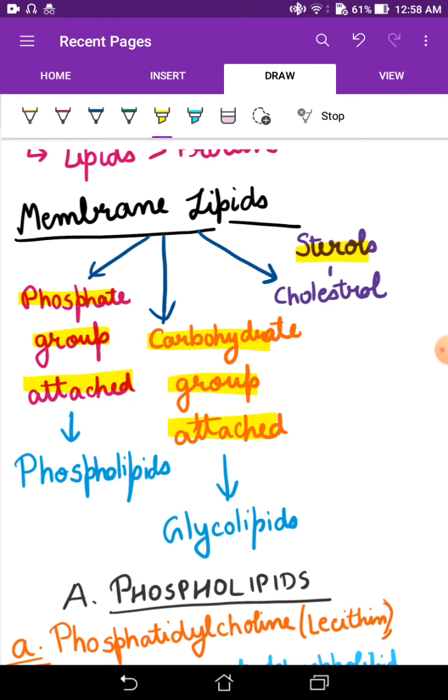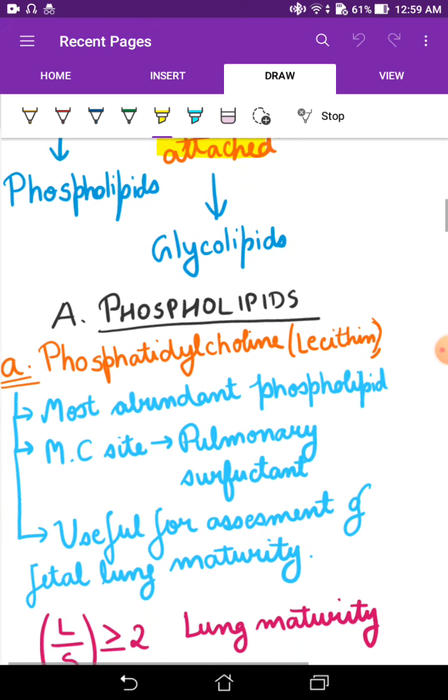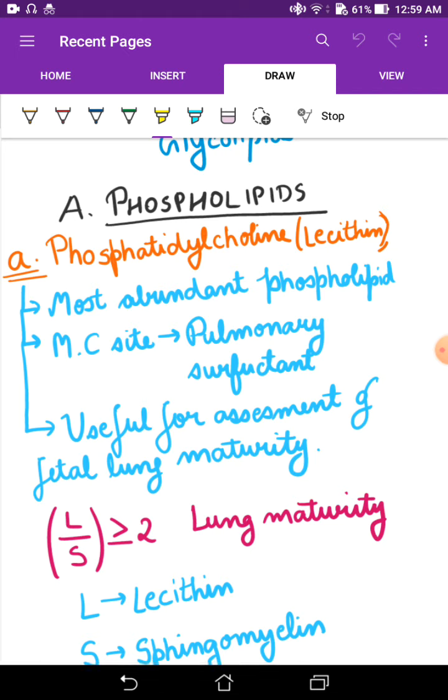Hope you are understanding that in lipids we have three kinds of lipids. Now we are taking the first group, phospholipids. In phospholipids also we have various kinds, mainly five.